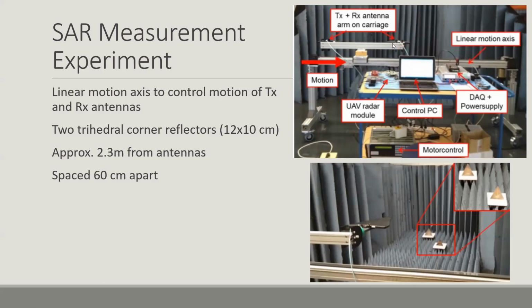So this motion is controlled enough to represent our ideal motion of our drone. And inside our microwave absorber chamber, we have 2 trihedral corner reflectors right here that are placed about 2.3 meters from those antennas and spaced apart 60 centimeters.